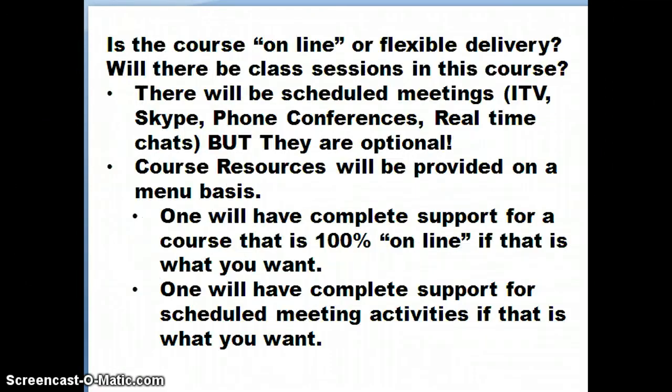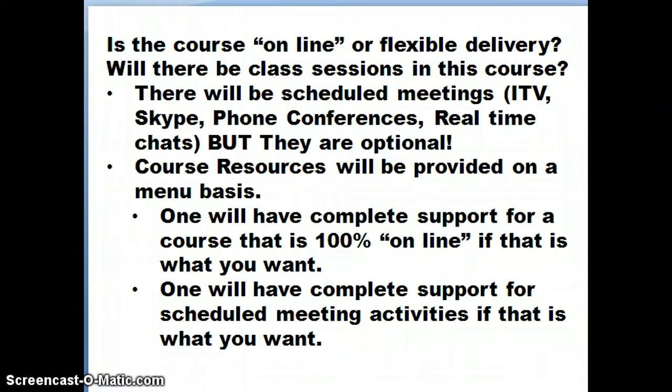A lot of questions about the format of the class, and as many of you know, we've got a lot of people in the class, so there's a question: is this course going to be online or is it going to be flexible delivery? Let me explain what we mean. When we say online in current terminology, we mean a course that's totally independent of class sessions, regardless of how they're organized and how flexible they are. In Newman terminology, we term our courses experiences into 2 wides.